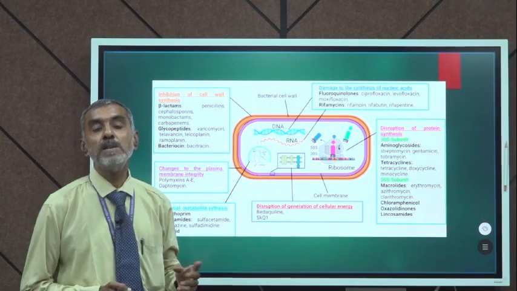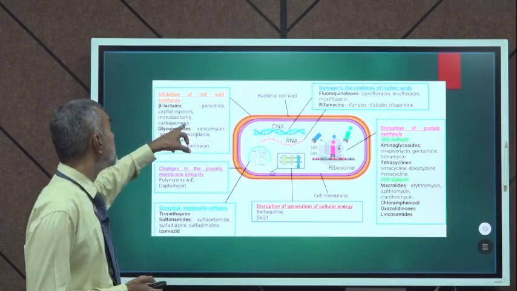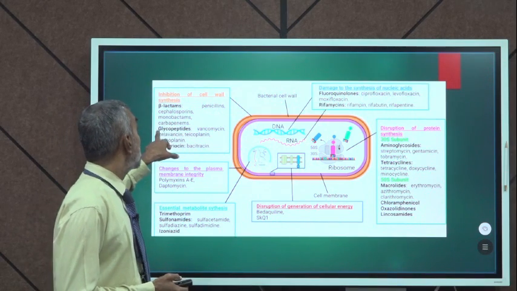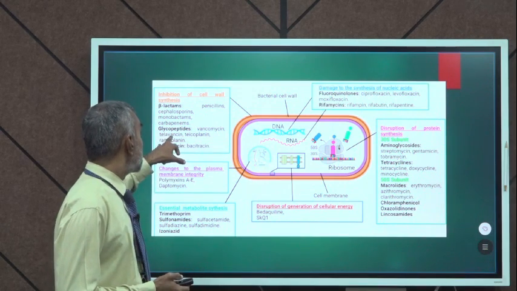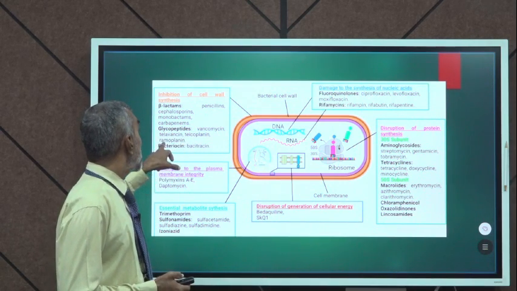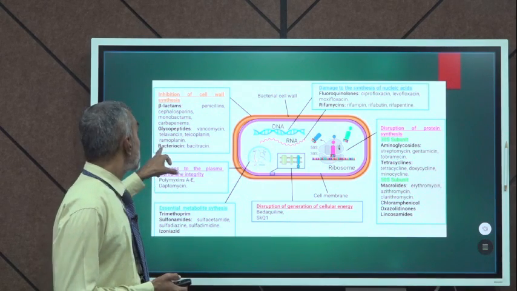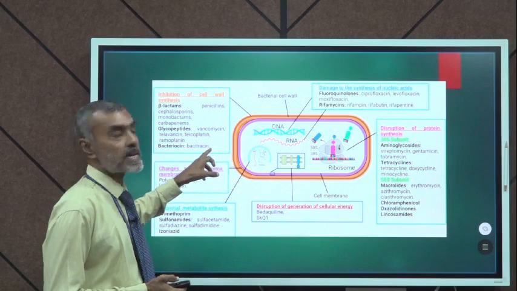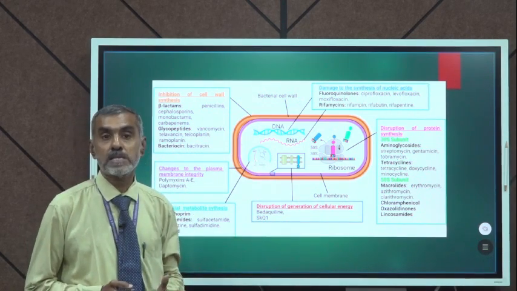There are specifically beta-lactam antibiotics, for example penicillin, cephalosporin, monobactam, carbapenems, and glycopeptides such as vancomycin, telavancin and ramoplanin. Another category is bacteriocin, which also comes under this category to control microorganisms through inhibition of the cell wall.